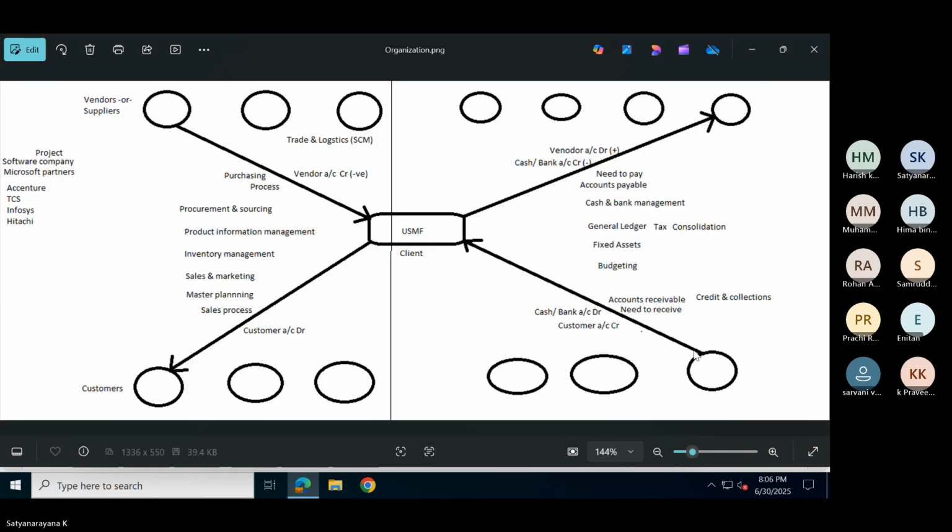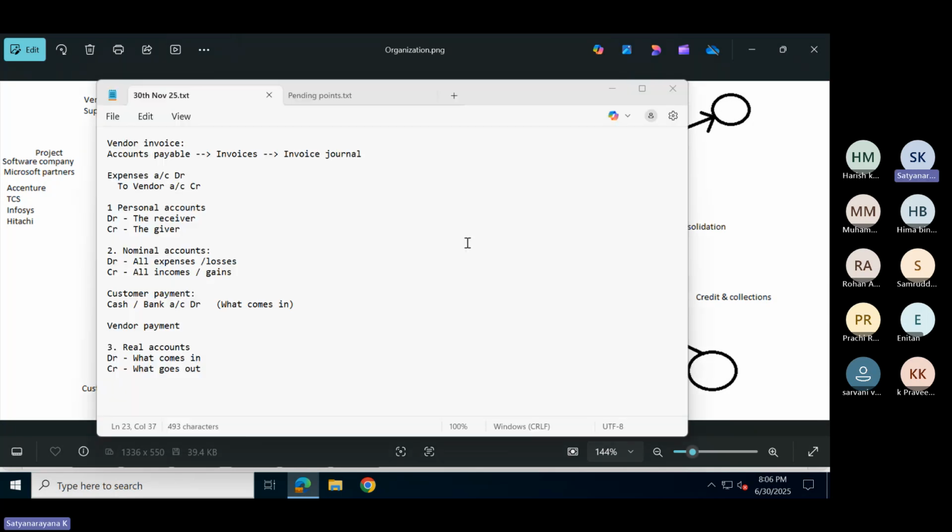Here money is coming. Debit what comes in. So here you need to understand internally this is money. Money is coming. So debit, cash debit.